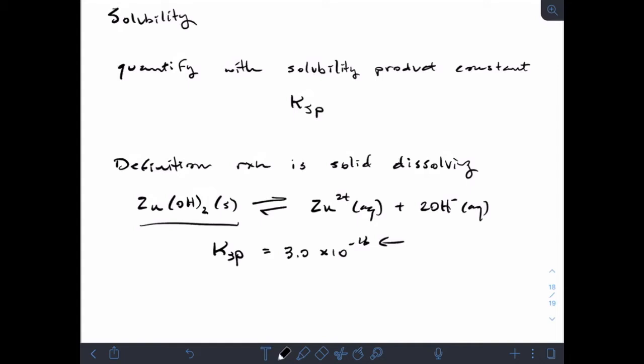But a tiny, tiny, barely measurable amount does actually become zinc and hydroxide ions. Okay? So this means that the solid formation is highly favored, right? Because of the magnitude of K.